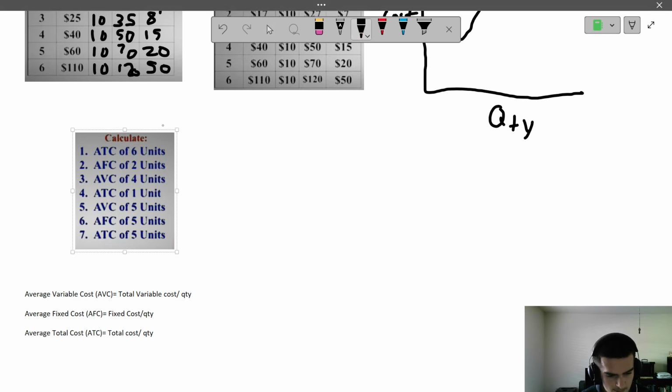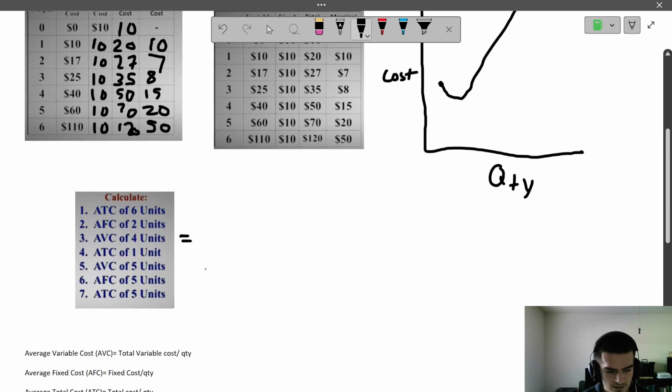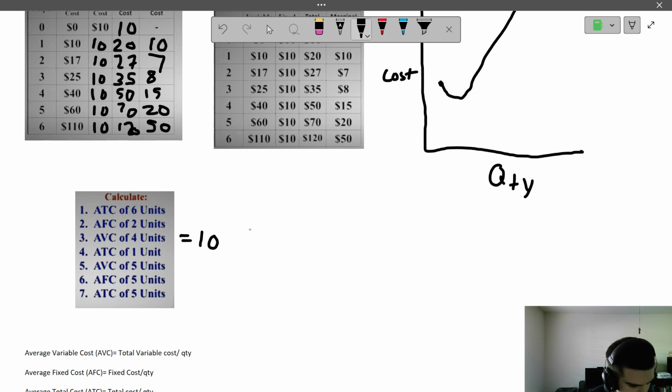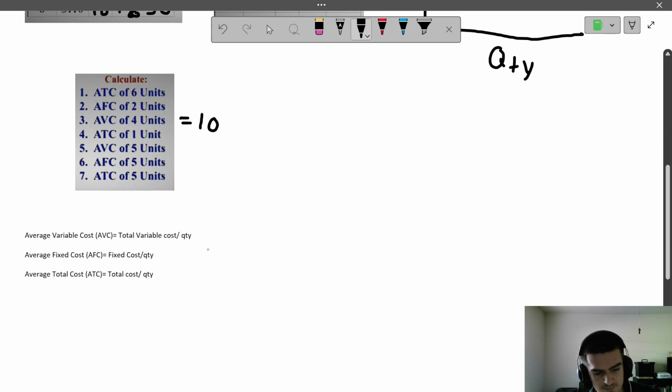So let's find an average variable cost. An average variable cost at 4 units is going to be, well, our variable cost is 40. 40 divided by quantity 4 is 10. Sorry, I was looking at the wrong thing. Yeah, 10. Average fixed cost is going to be your fixed cost divided by your quantity.